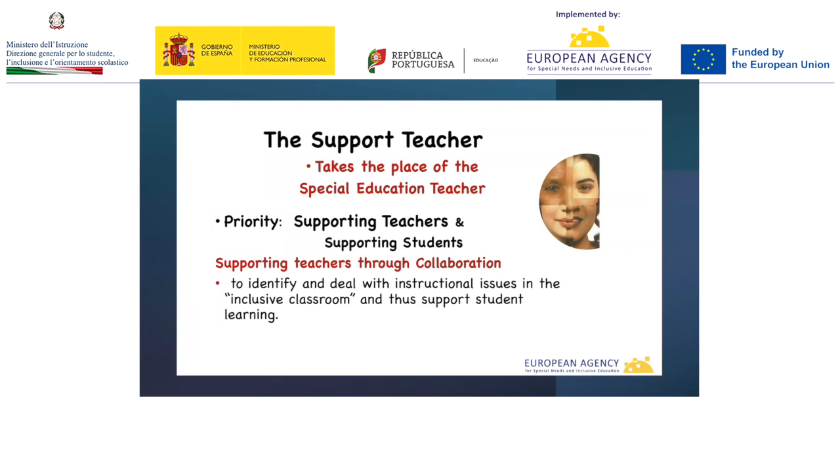But primarily, I think we need to think that the support teacher takes the place of the special education teacher. And the priority then is to support teachers, and by supporting teachers, support students. Support teachers through collaboration, identify instructional issues, and support student learning.